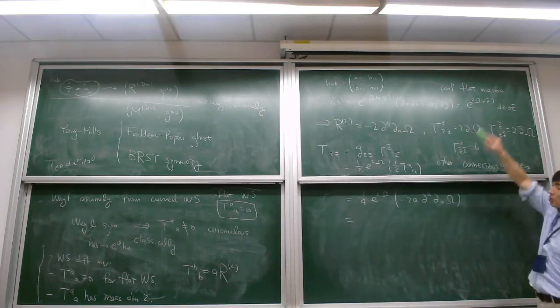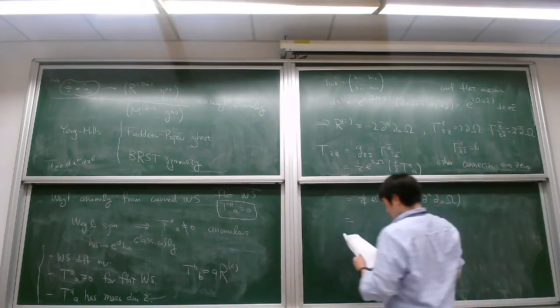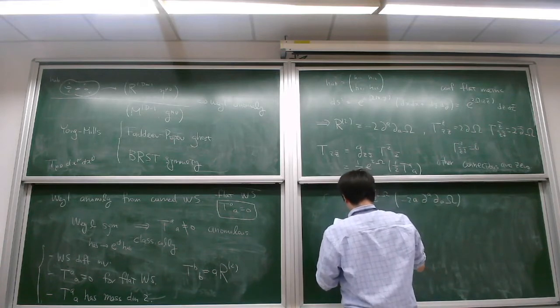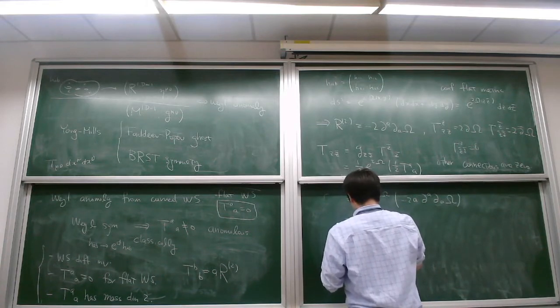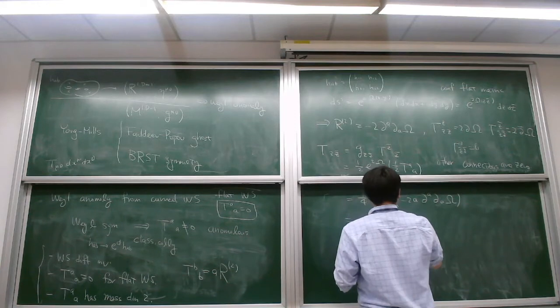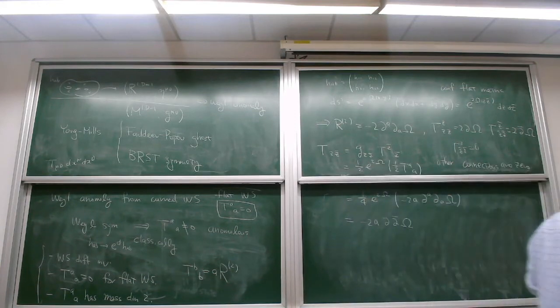Plug this metric into here, and what you will get is -2a times the Laplacian of omega. So that's what you get.